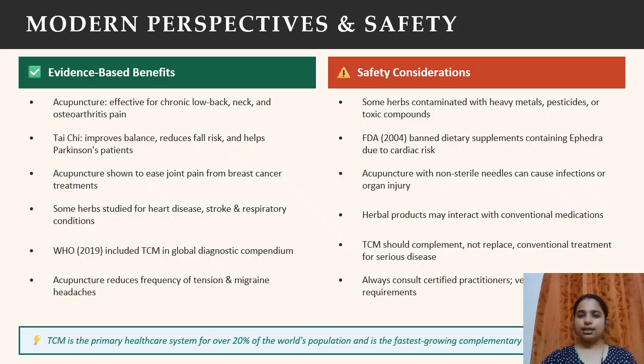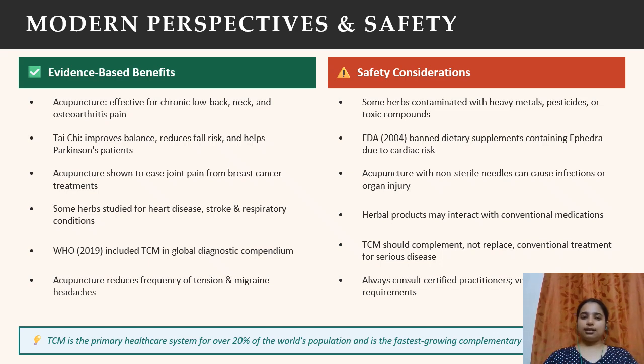Coming to the safety considerations, evidence-based benefits we may say about acupuncture is that it is efficiently used for relieving pains in backs, necks and osteoarthritic pain, as well as Tai Chi is used for improving Parkinson's patients because it focuses on coordinated movements and breathing control.